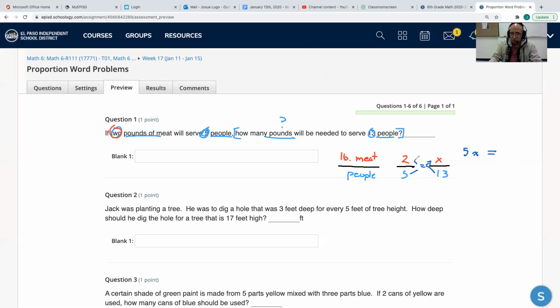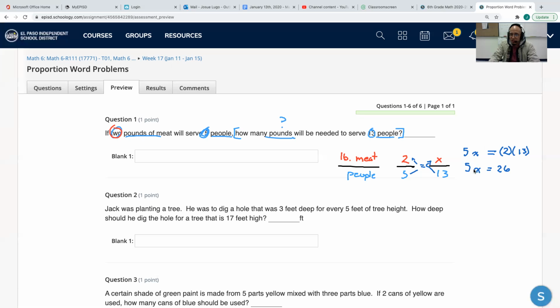And then 2 times 13 is going to go on the other side. If you already know what that is, you can just write it, but I'm going to physically write exactly what I'm doing. 2 times 13, which we know is 26. So really, our equation is going to be 5x is equal to 26. Awesome.